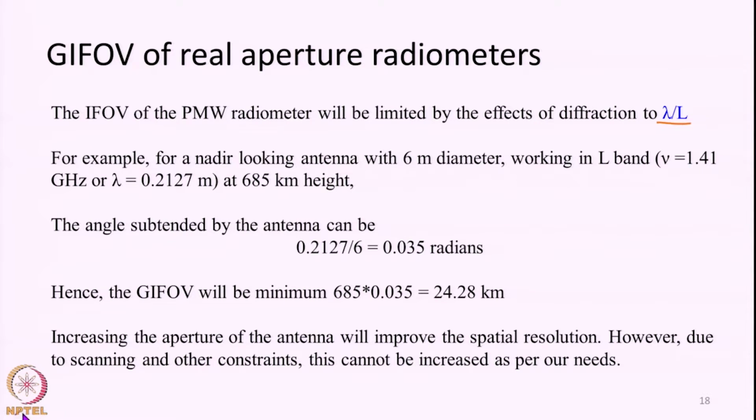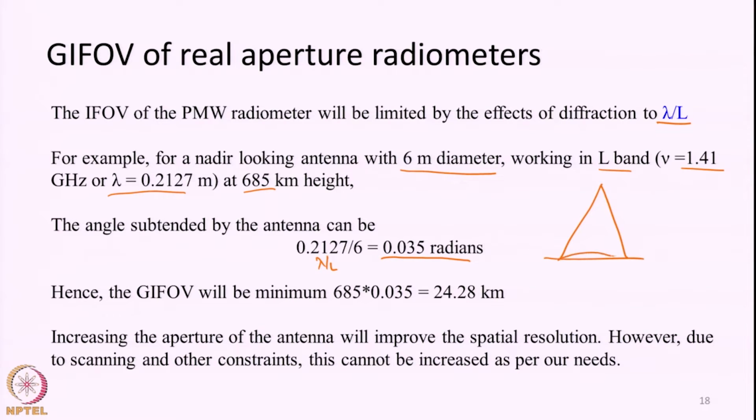If we take a satellite like SMAP, the antenna has a 6 meter diameter and works in L band, 1.41 gigahertz, so our lambda is roughly 21 centimeters, at 685 kilometer height. From these data, if we do lambda by L, we can calculate that the angle subtended by the antenna on the ground will be 0.035 radians.